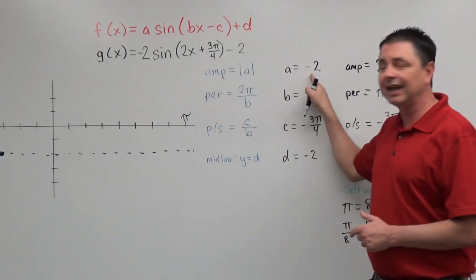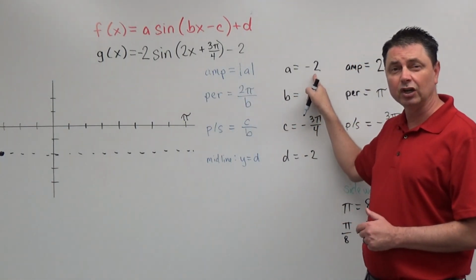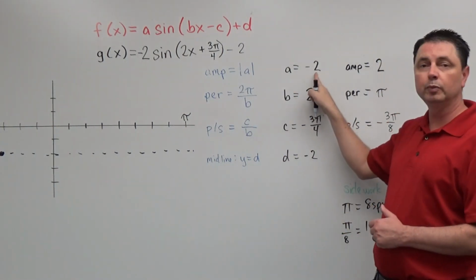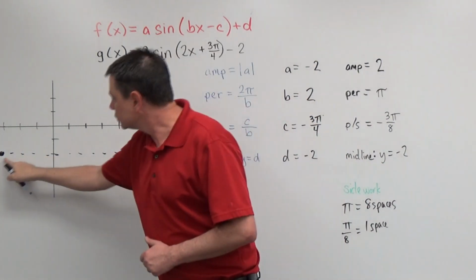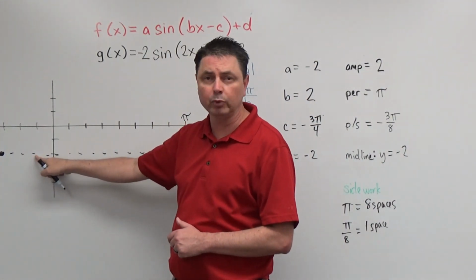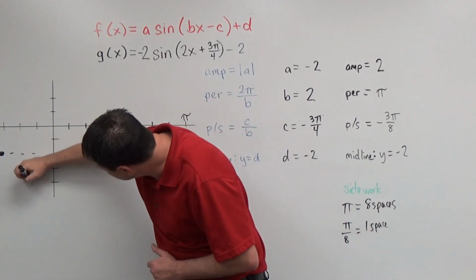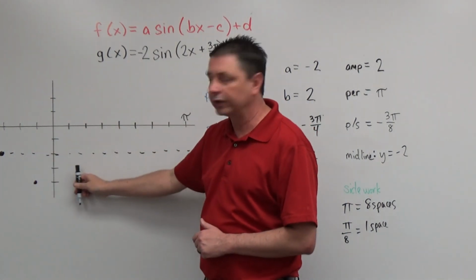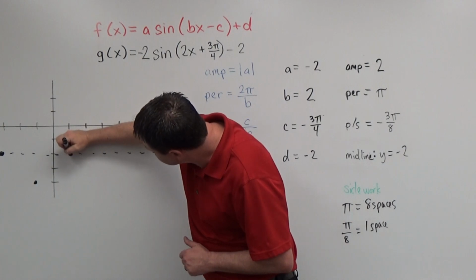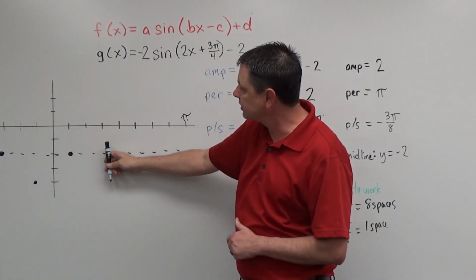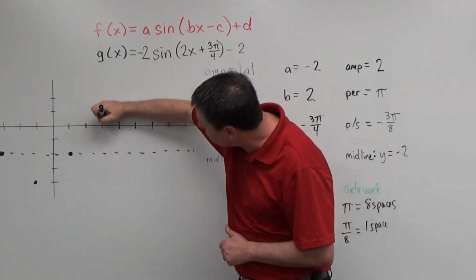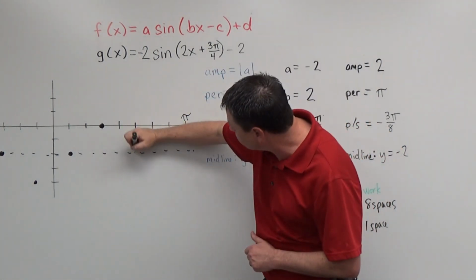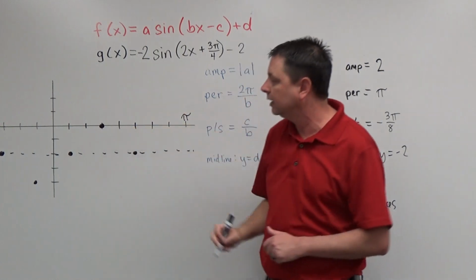Now let's take a look at our A. A is negative 2. So due to the reflection, sine's going to begin by going down 2 below the midline. So 2 spaces over is where the next key point is going to be, and it's going to be 2 below. 2 spaces over, we return to the midline. 2 spaces over, we're now 2 above the midline. 2 spaces over, we finish and return to the midline.